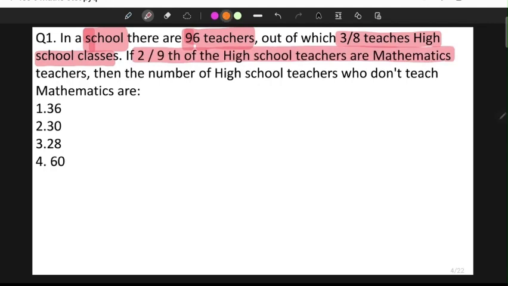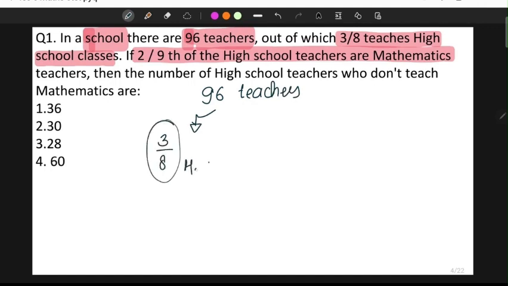Let us understand the question first. How many teachers are there in total? There are total 96 teachers, and out of these 96 teachers, 3/8 are teaching high school classes. How can we find the teachers teaching high school classes?